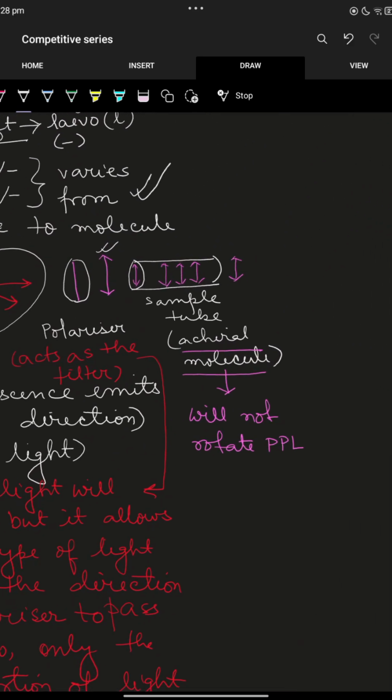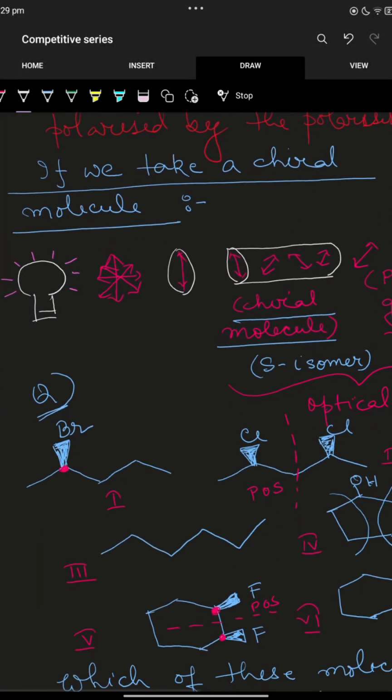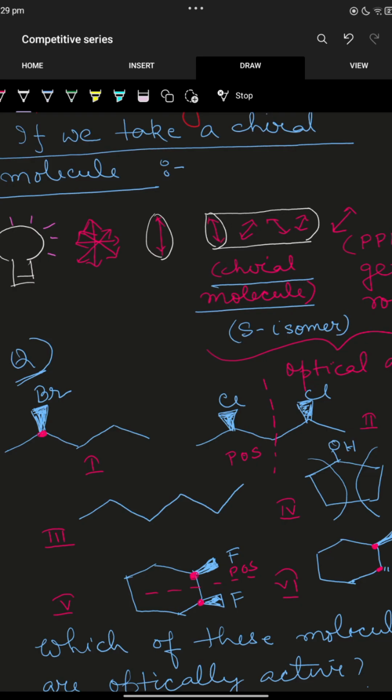Now when this plane polarized light is passed through a sample tube containing an achiral molecule, it emerges as it is. It is not rotating the plane polarized light. But if we take a chiral molecule in the sample tube, then what will happen?